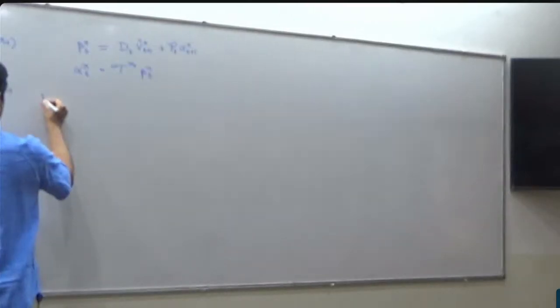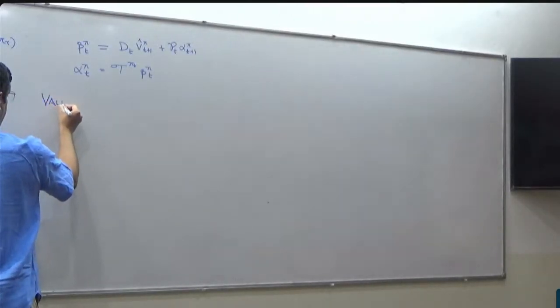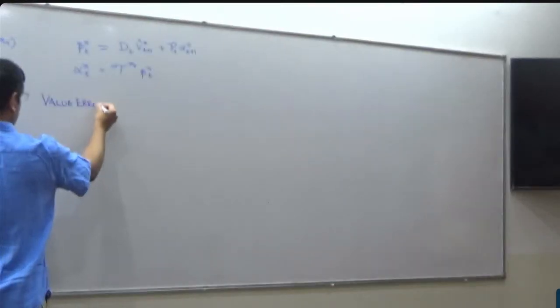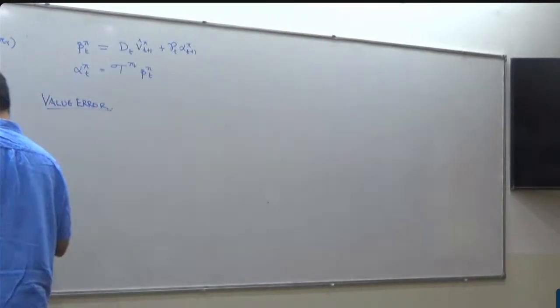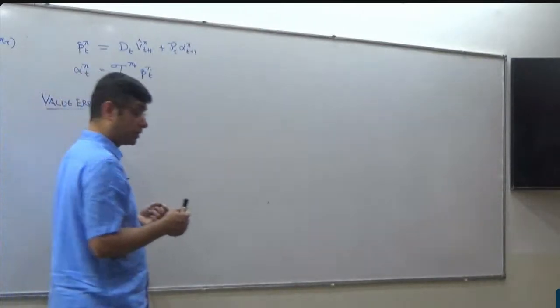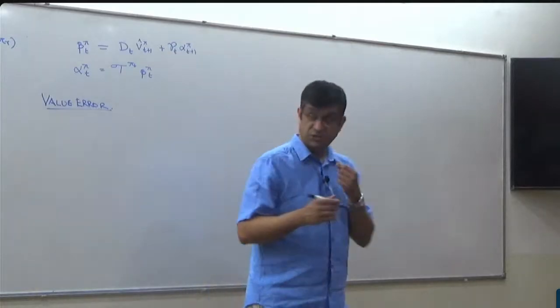Let's now look at the value error. And this is where things get a bit tricky. Now, the trouble with the value error is that, in the style in which we are doing analysis, I'll get an inequality. Because let's recall what we did there.